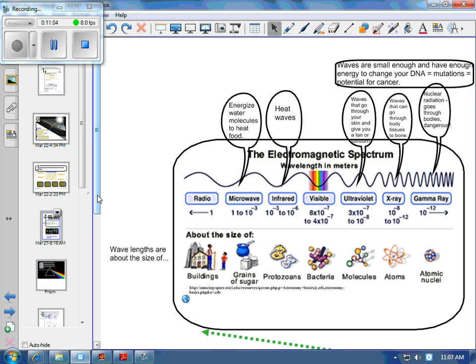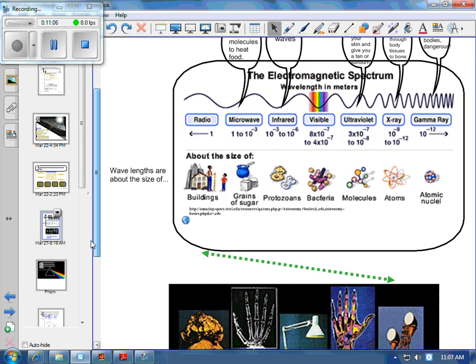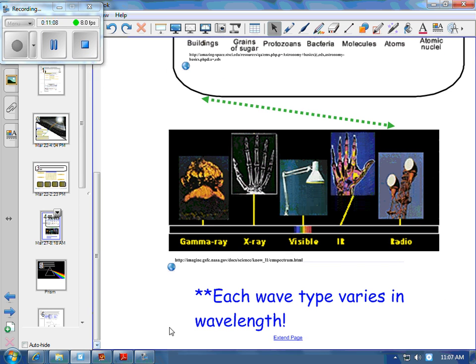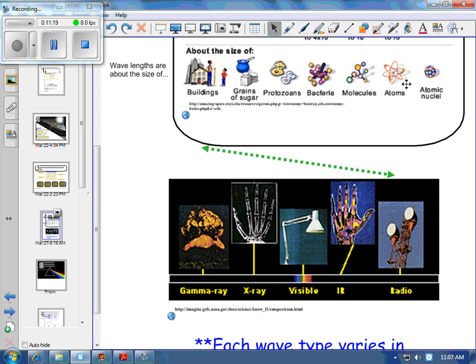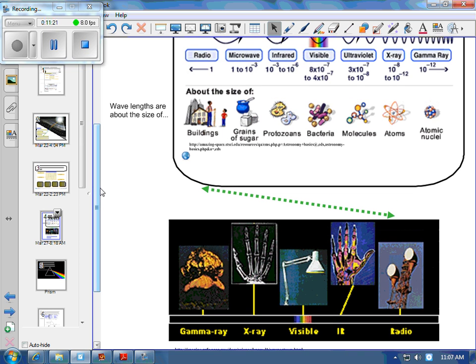Okay, so I'm going to scroll down, and there's another picture here. You don't have this picture on your notes, but that's okay. It's just another example. The big difference with this picture, though, is it's backwards from what's up here. Radio waves were on the left in this diagram, but down here, they're on the right.